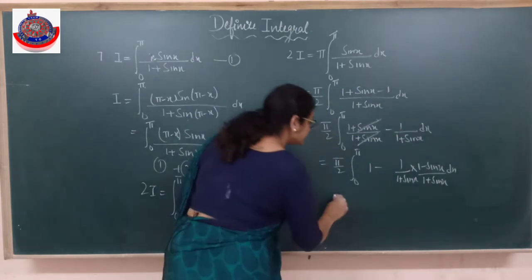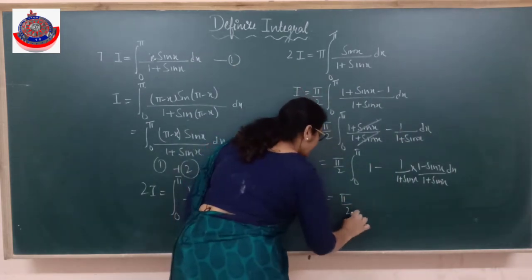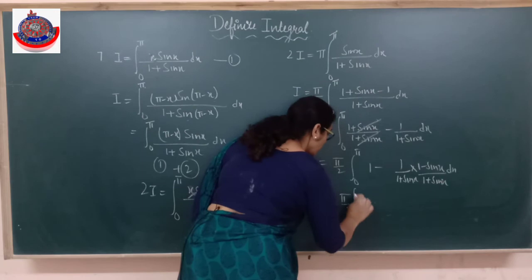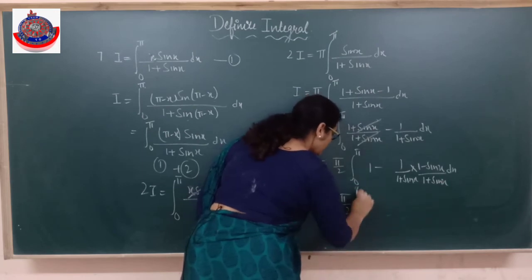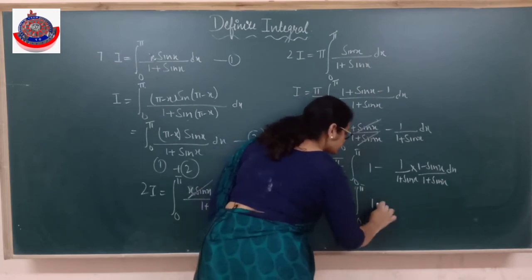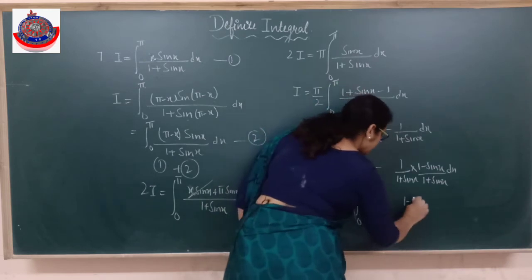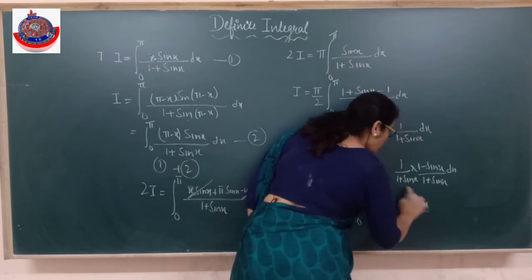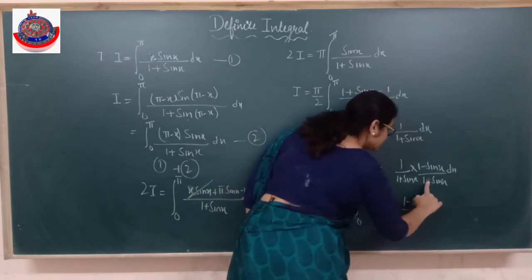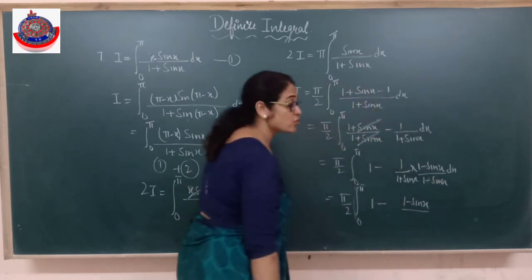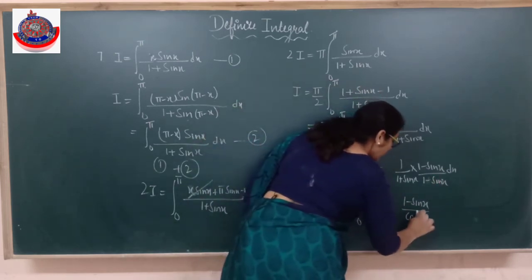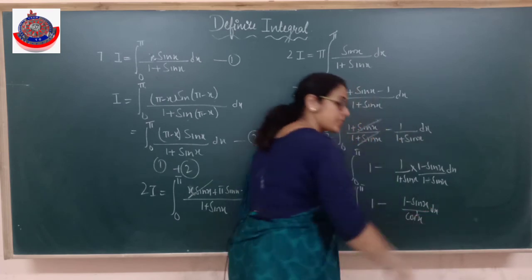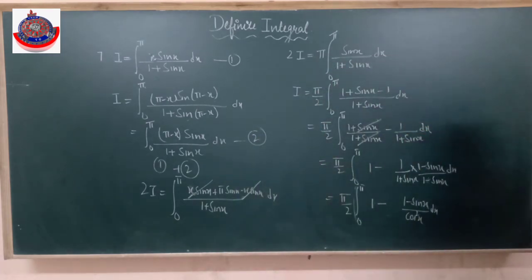Clear? I'll do it together. This will be 1 minus sine, 1 plus sine, 1 minus sine. That is 1 minus sine square. 1 minus sine square is cos square x. 1 minus sine, 1 plus sine, 1 minus sine square, that is cos square x.